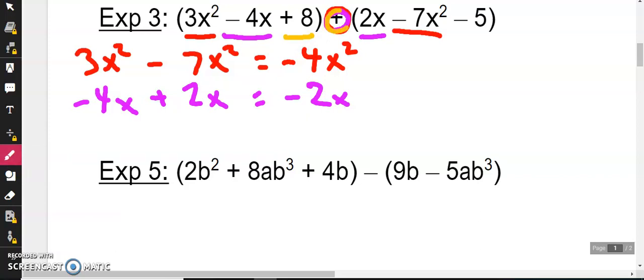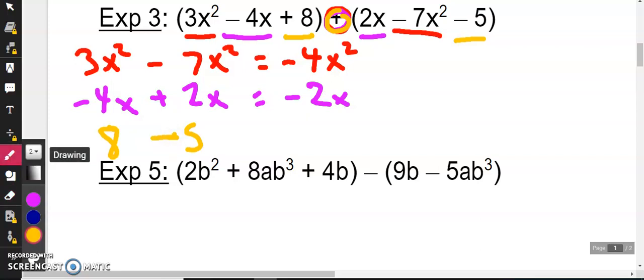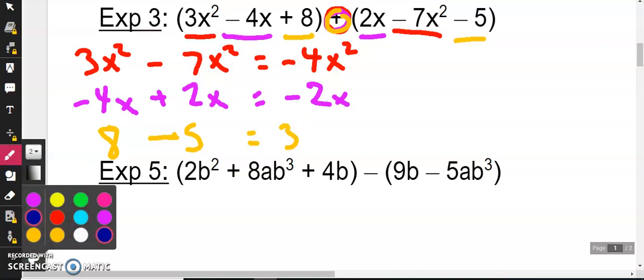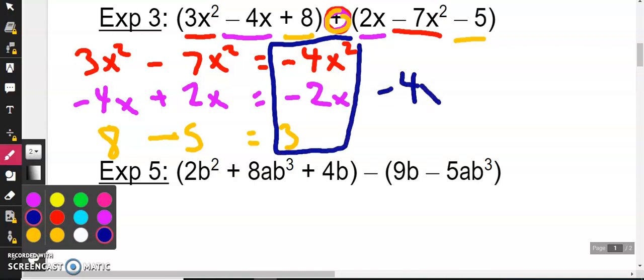So I have an 8, and then a plus, and then a negative 5. So I'm going to carry down my 8 plus negative 5. And once again, we said if we see opposite signs, then we just keep the negative. So 8 minus 5 is 3. So to get my final answer, I will just put these guys together to get negative 4x squared minus 2x plus 3.